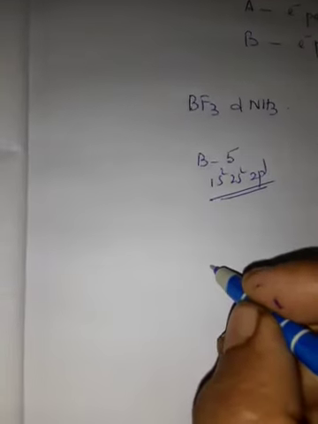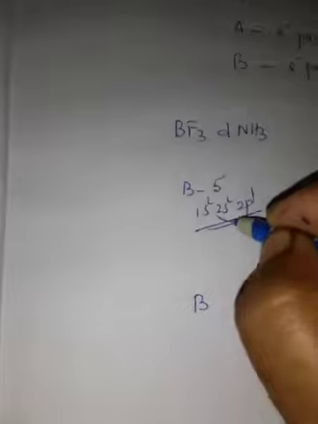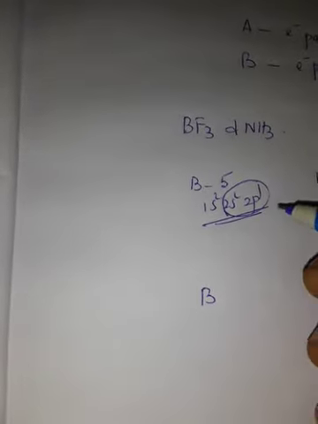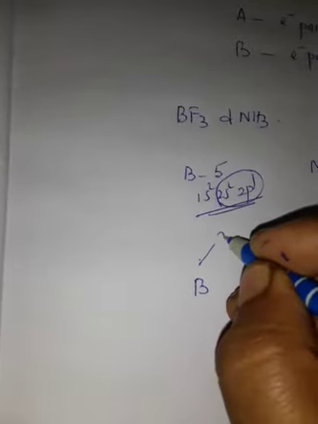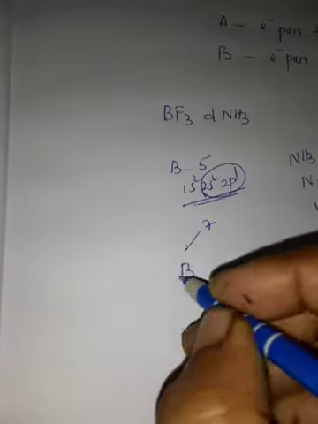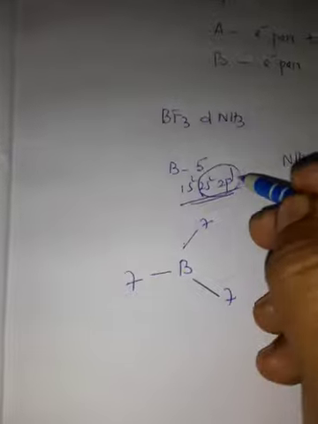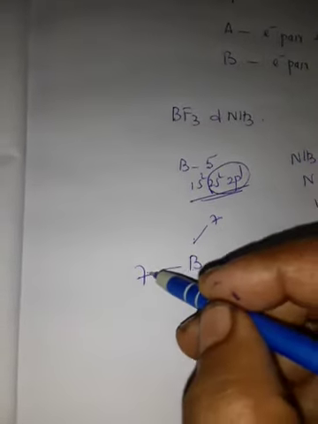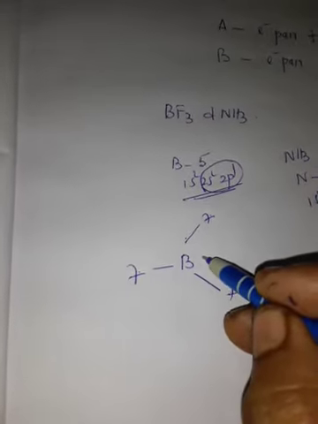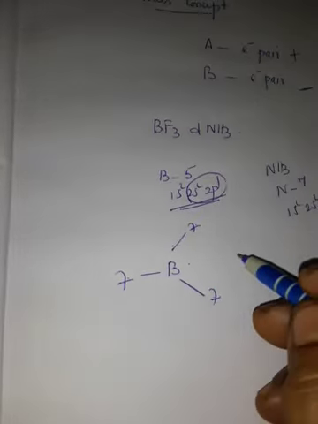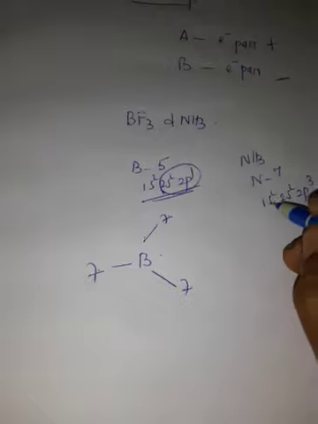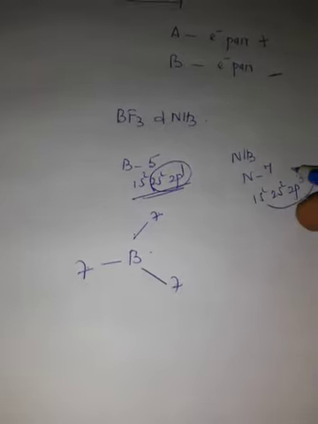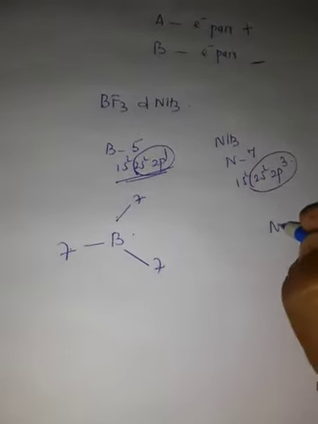Now see this boron, outermost configuration 2s2, 2p1. So in BF3, 2s2, 2p1, three electrons are used in bonds. Here there is no electron to accommodate one more bond. Nitrogen has atomic number 7, 1s2, 2s2, 2p3, that is 5 valence electrons.